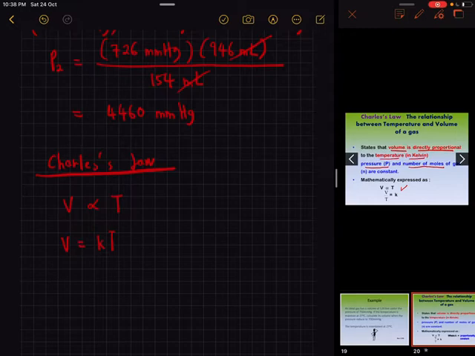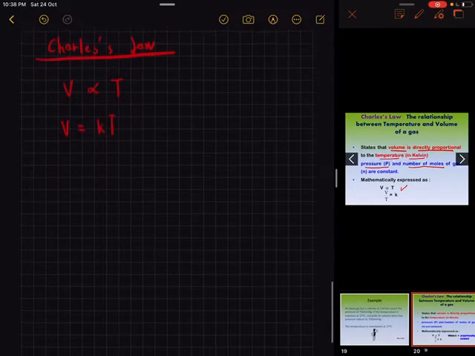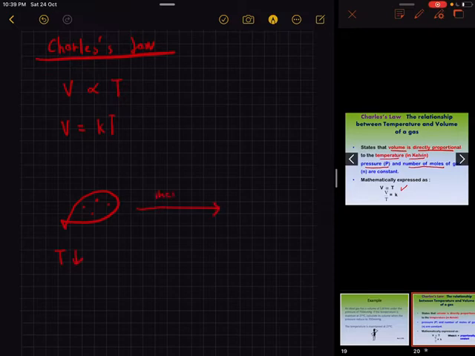Alright. Okay, now, for example, kita ada satu balloon. Okay, so katakan this is the balloon at low temperature. Okay, what will happen to the balloon if you increase the temperature? What do you think?